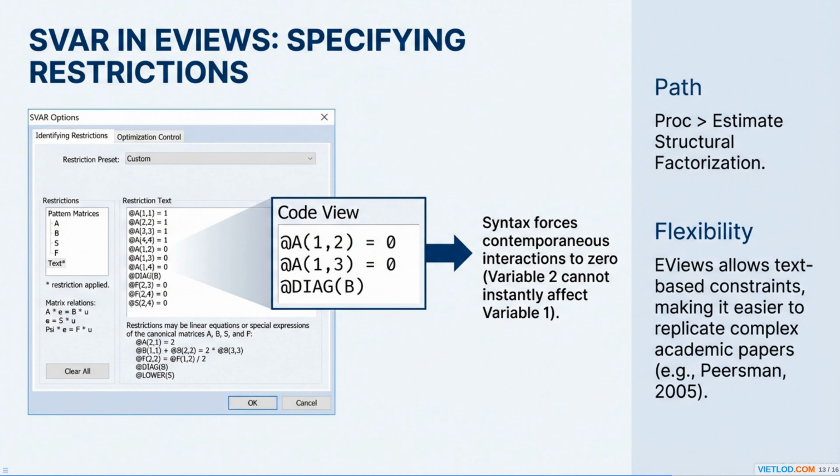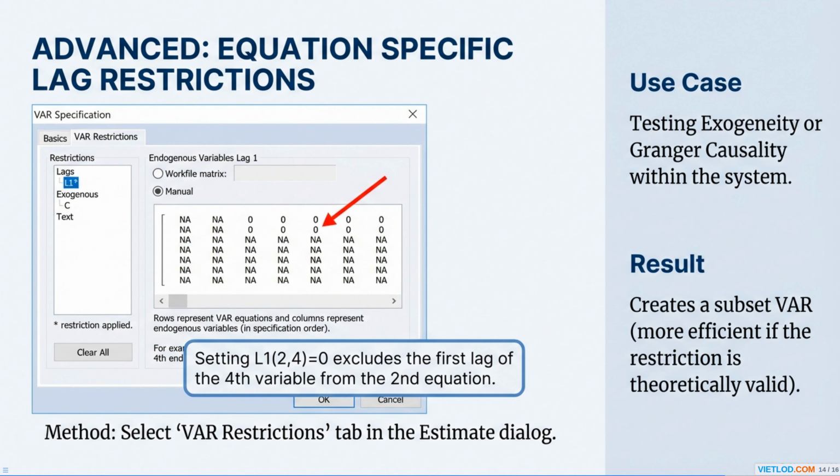The code view shows examples like @A12 equals 0 and @A13 equals 0, along with @diag B. This syntax forces contemporaneous interactions to 0, meaning, for instance, that variable 2 cannot instantly affect variable 1 when @A12 equals 0 is imposed. This text-based flexibility makes it easier to replicate complex identification schemes from academic papers, such as those by Pesaran, 2005.